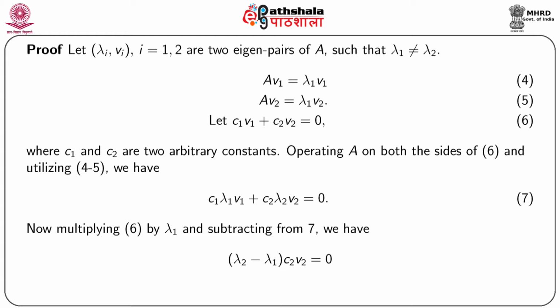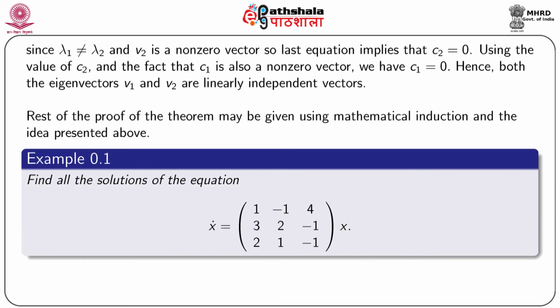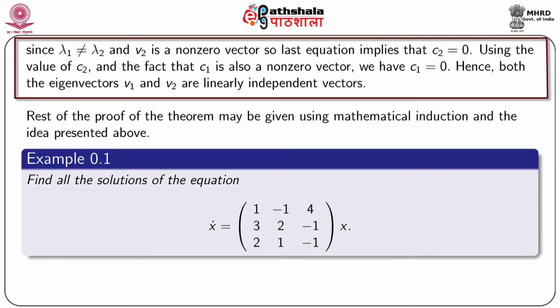Now, we multiply equation 6 by lambda 1 and subtract from 7, we will get lambda 2 minus lambda 1 into c 2 v 2 is equal to 0. Now, since lambda 1 is not equal to lambda 2 and v 2 is a non-zero vector, the last equation implies that c 2 is equal to 0.